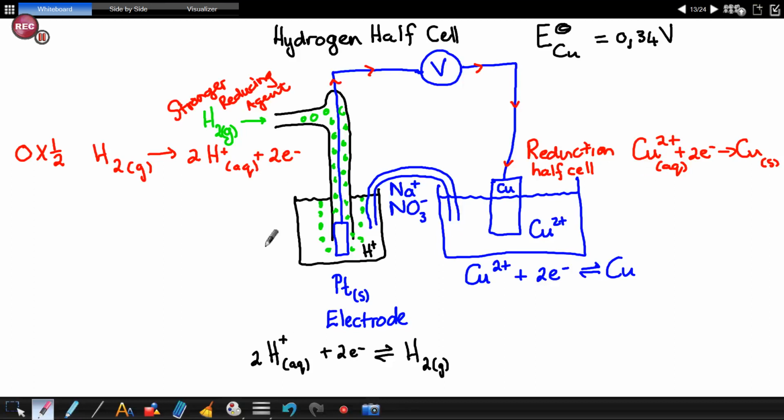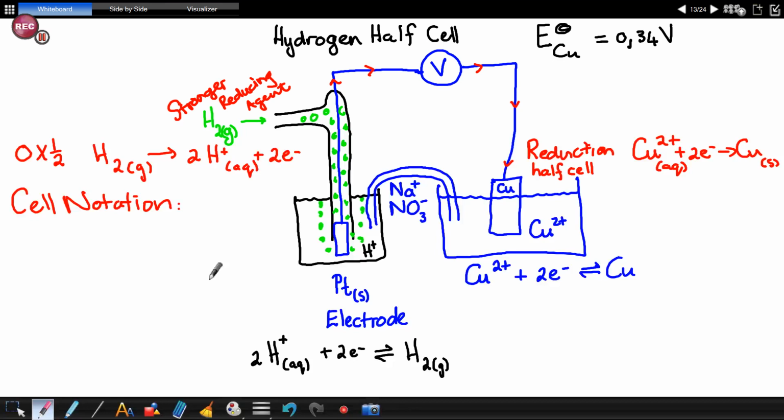So instead of drawing out this whole thing, I can use cell notation to represent this cell. Oxidation always on the left hand side, reduction on the right hand side. What do I start off with? What in the oxidation half reaction do I start off with?